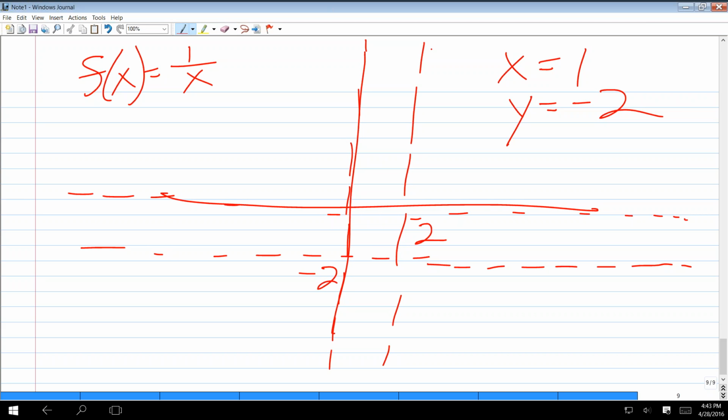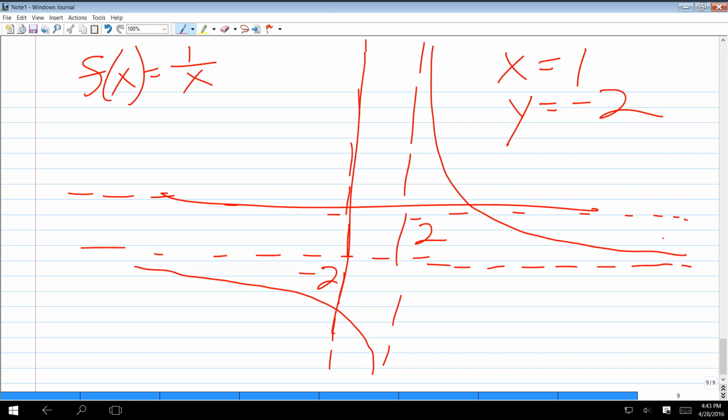In other words, you might have a curve like this. Is that what the curve looks like that they gave you? Whoops, hold on, I didn't draw that quite correctly on this side of it. In other words, it's always going to be approaching the vertical and the horizontal asymptotes.